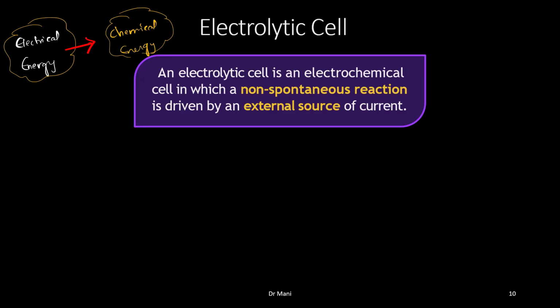Negative, sir. Shrikar, you tell me, what is this Gibbs energy? Negative means? Sir, Gibbs energy is negative when it does not require external energy like heat and all. Okay. So here the external energy means current. Remember that. Is that clear for everyone?